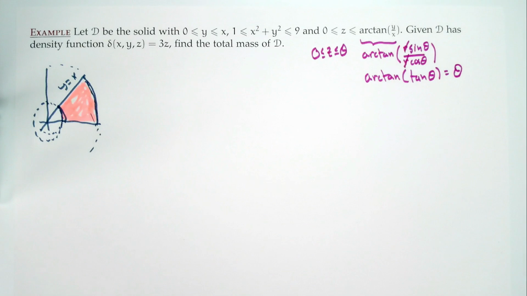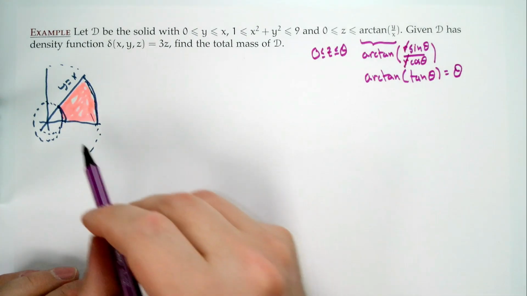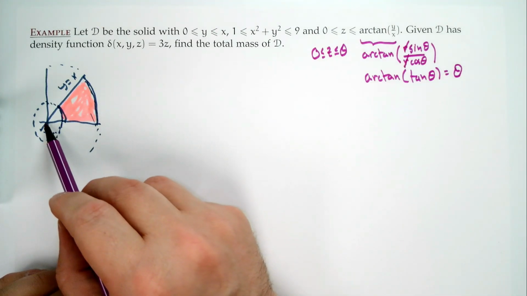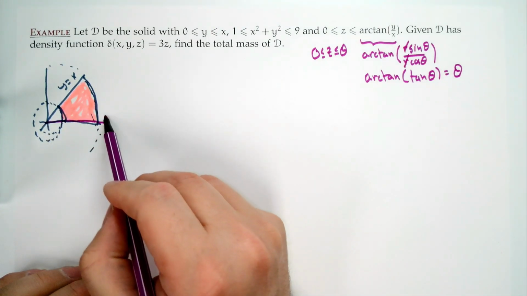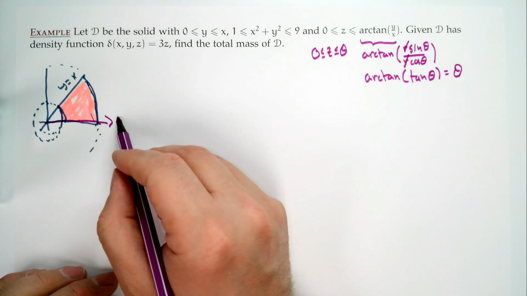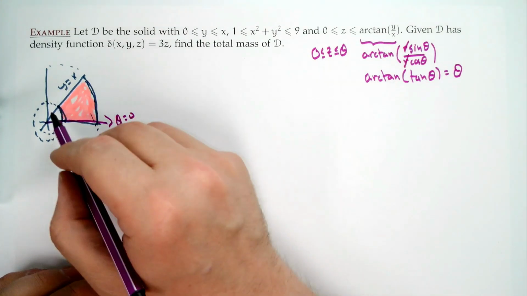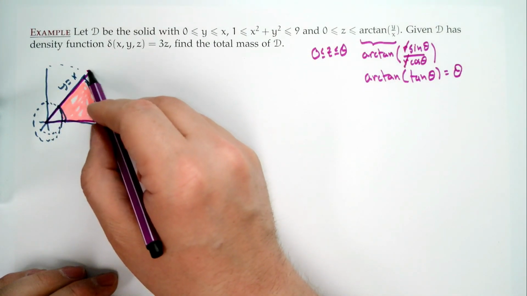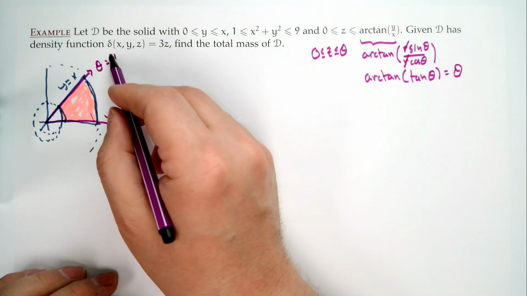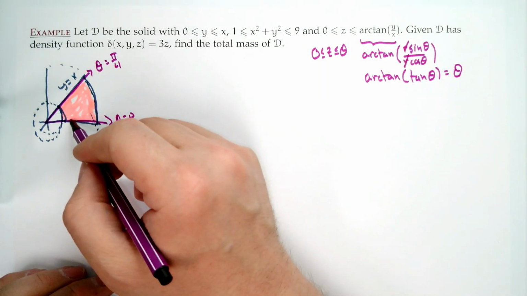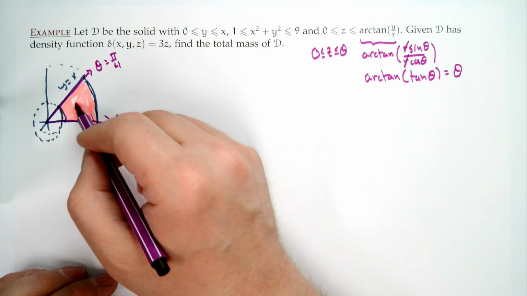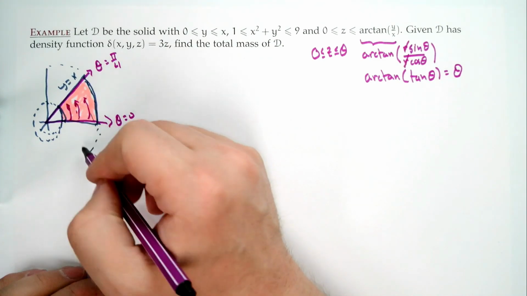Now the question you might have is, well, what does that look like? Well, let's think about what's happening here, and then we'll try to sketch a better picture. At this point, if I'm on the positive x-axis, I have theta equals 0. As I move along, I'm going to eventually get to theta equals pi fourths. So what happens is, as I'm moving in this direction, my theta increases.